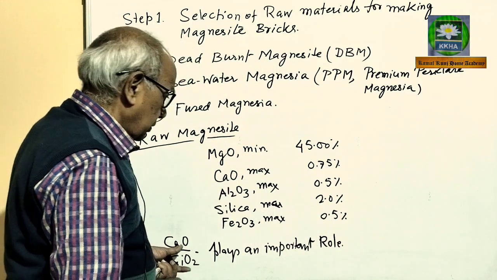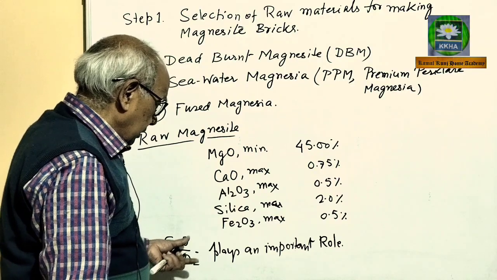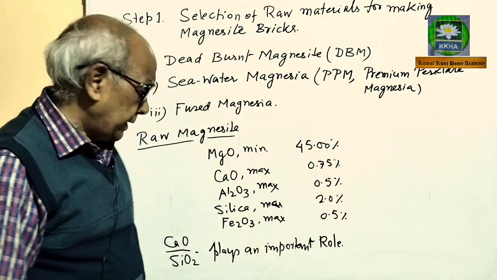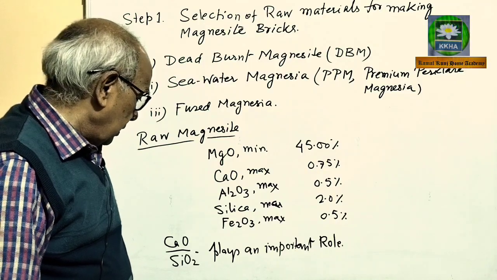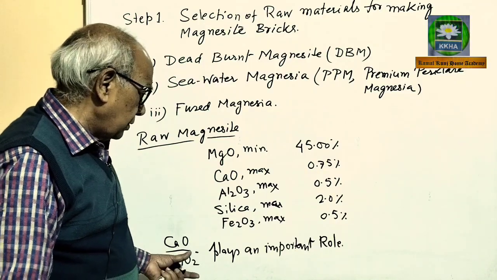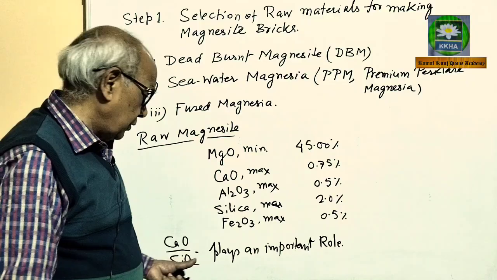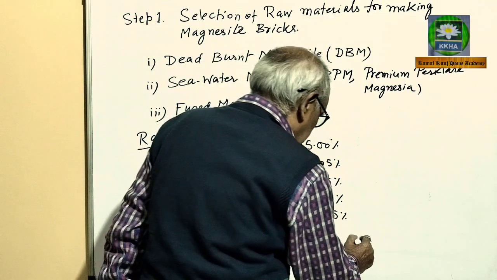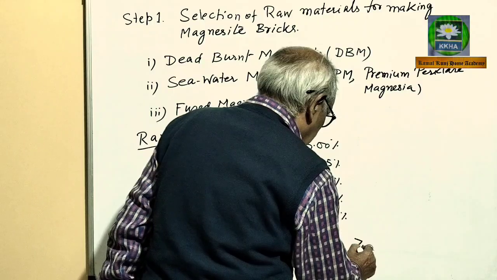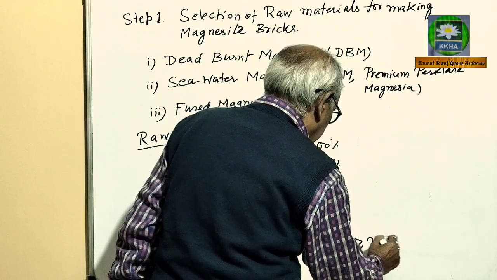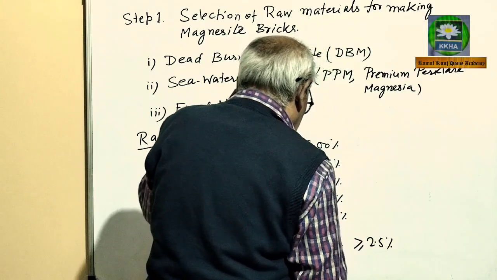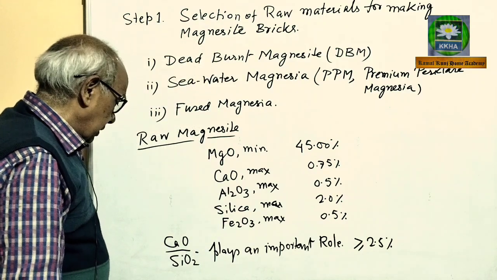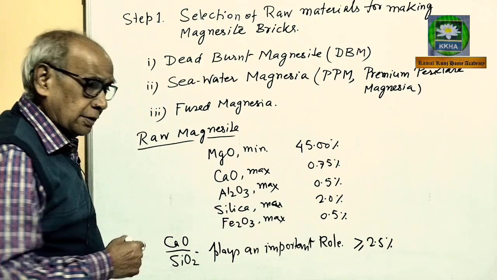Now this ratio controls the property of magnesite bricks. The effect of this ratio we will discuss later on because it will take time. Normally it should be more than or equal to 2.5 for good quality bricks. So we will discuss about this ratio later on.